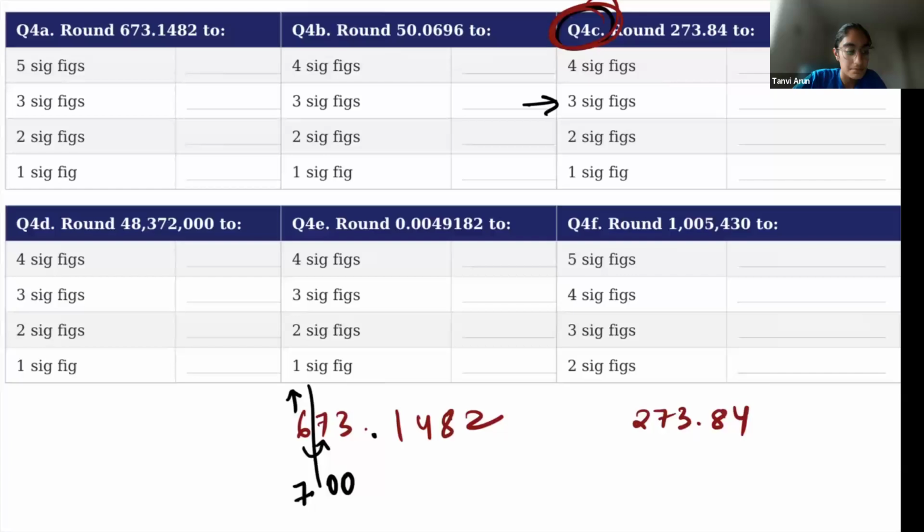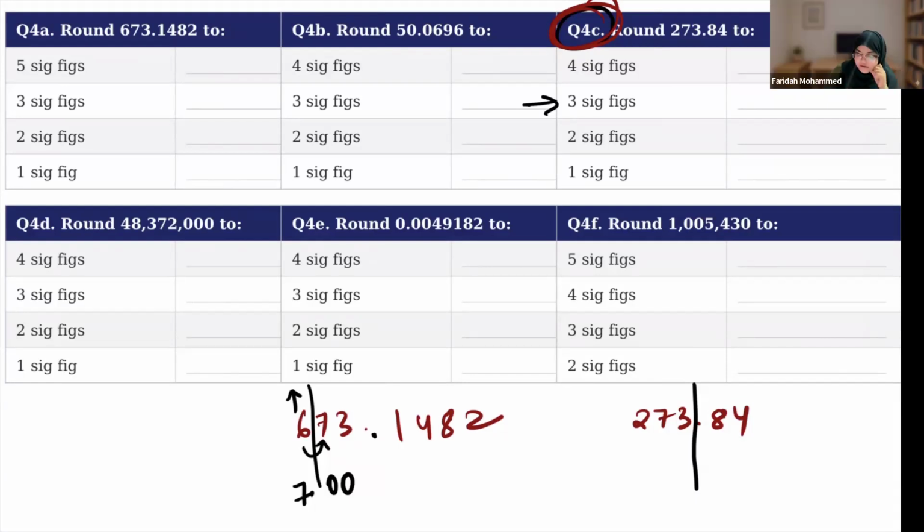Okay. So where does 3 sig fig stop? At 3. So we're going to put a line at 3. Next, what do we do? We round to 73.